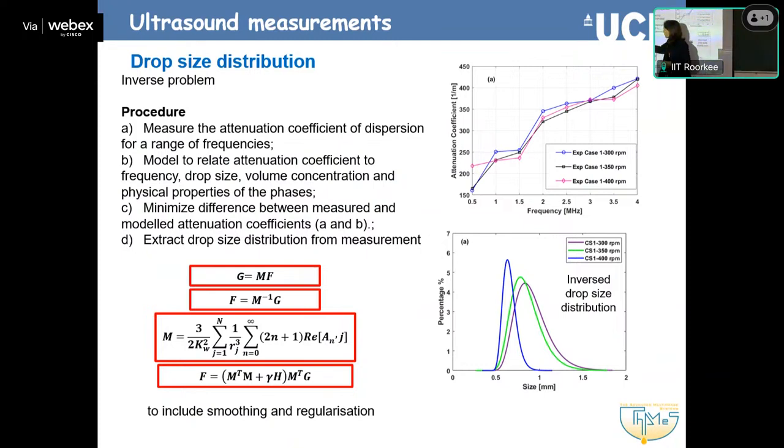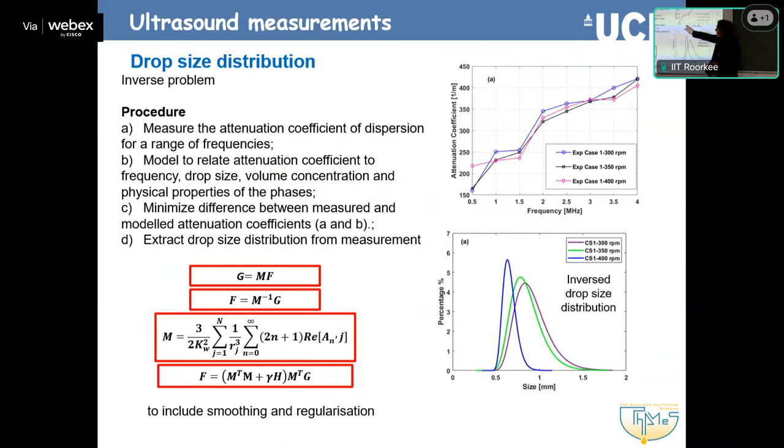The forward problem is easy if you know the properties. What we want is the opposite, because we measure the attenuation and need to know the distribution. This is physics about sound and its interaction with particles, but it's out there, it's known, it can be found.